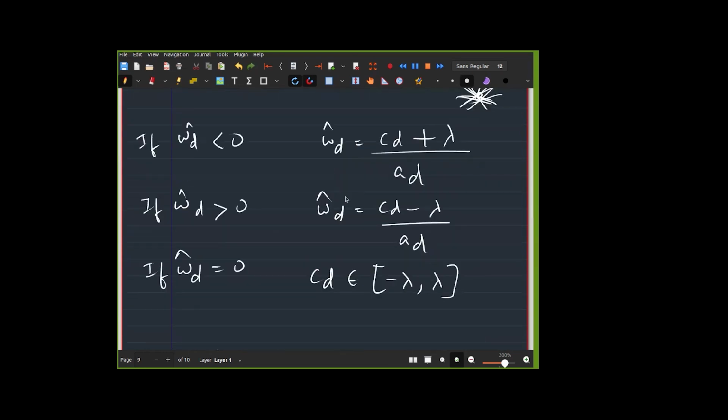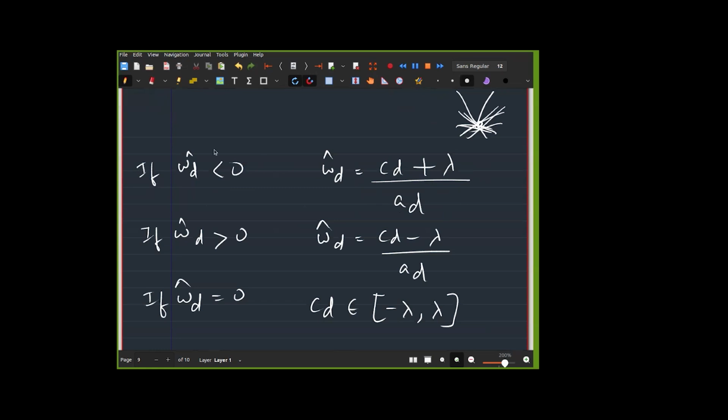So to summarize, what we have got is W hat D, which is a function of CD, equal to CD plus lambda by AD if CD is less than minus lambda. Why is that? Because this quantity should be less than 0.